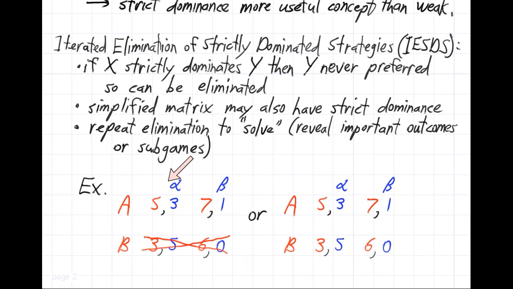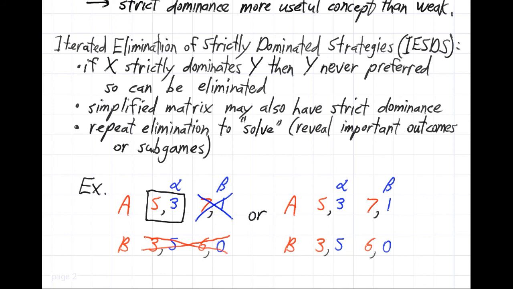We no longer have to look down here at all because we've already eliminated the strategy B. So now we know the column player will never choose beta in this simplified game, so we can eliminate that. That gets us down to a 1 by 1 matrix, which means that that's the only outcome that's going to occur, at least when rational players are playing.